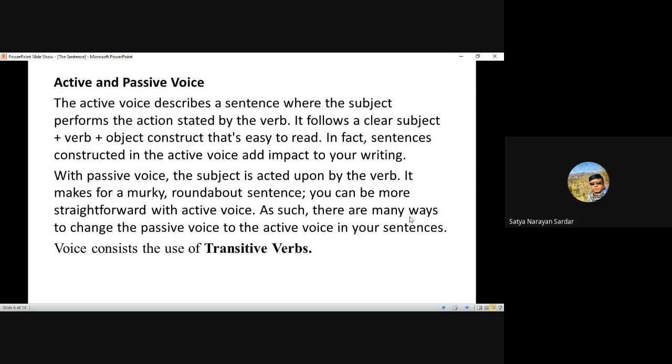Now here comes, voice consists of the use of transitive verb. What do you mean by transitive verb? Any idea? Speak up. What is a transitive verb?